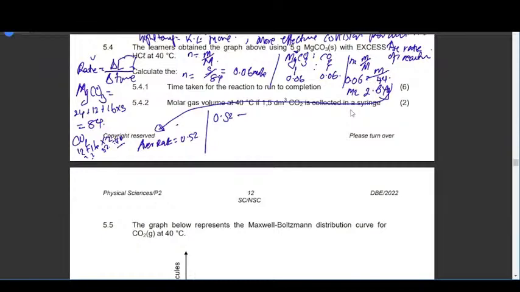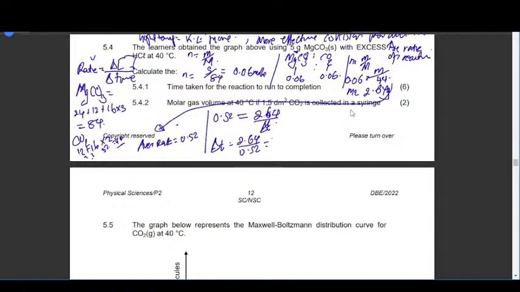So now we are saying that average rate 0.52 is equal to the grams, the change in grams, started from 0, is 2.64 over the change in time, which gives me change in time is going to be this divided by this, which is 2.64 divided by 0.52, which gives me around 4 point something.